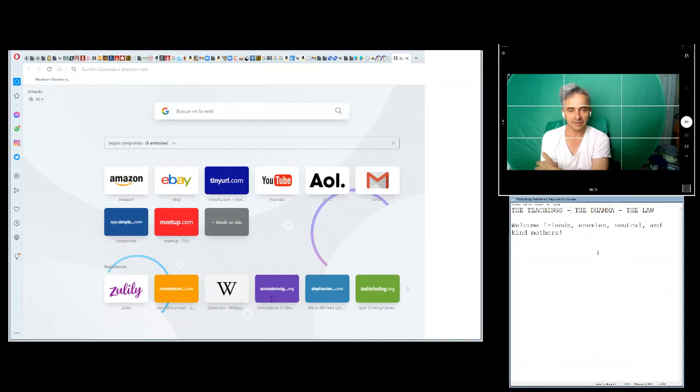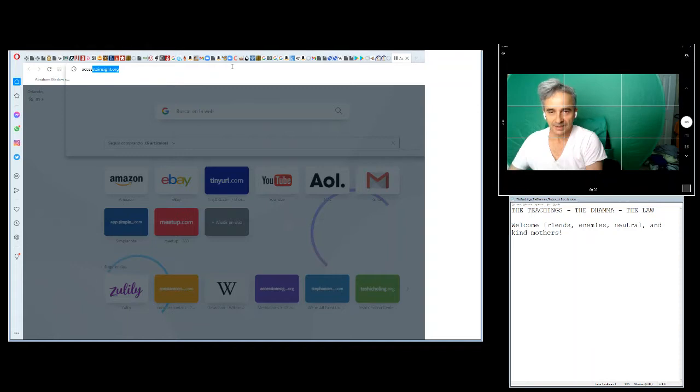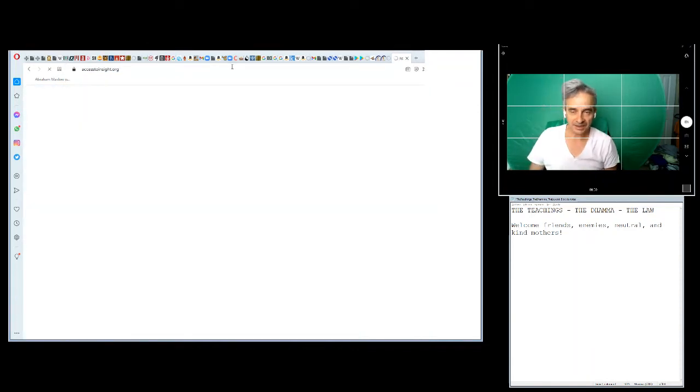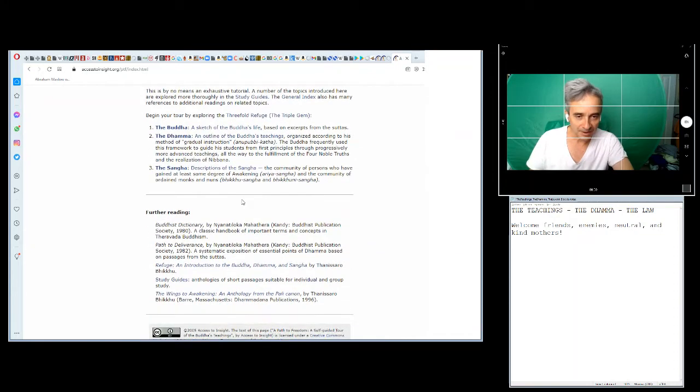So I'm going to look up the teachings. I'm going to go to accesstoinsight.org, and I'm going to look up the self-guided tour of Buddhist teachings: the Buddha, the Dhamma, the Sangha.